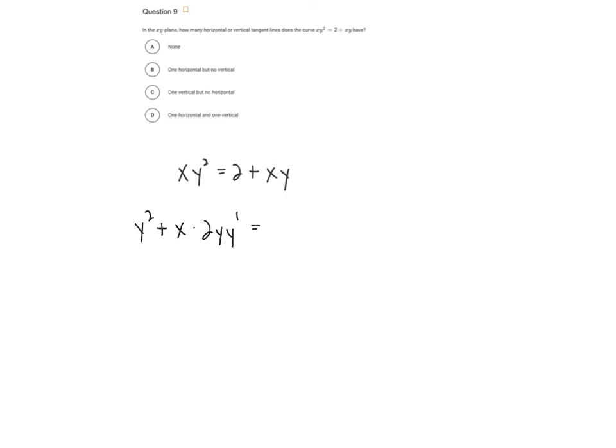Derivative of 2 is 0, and so we'll just do product rule. Derivative of x is 1 times y is just y, plus x times the derivative of y. All right, and then I'm going to bring this term to the left and this term to the right. And then I'll rewrite this.